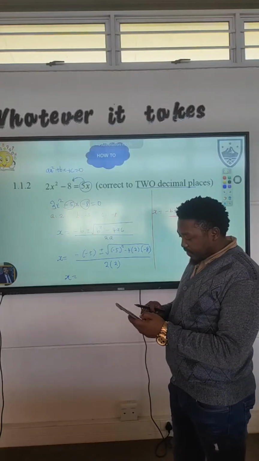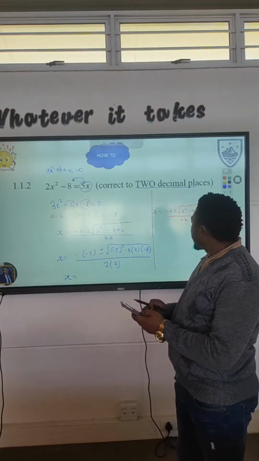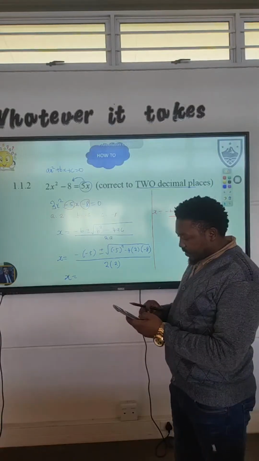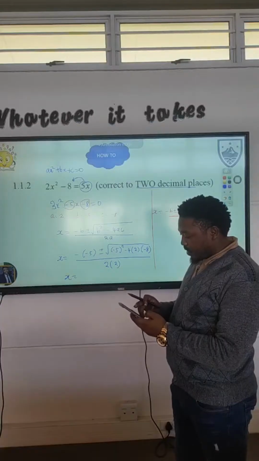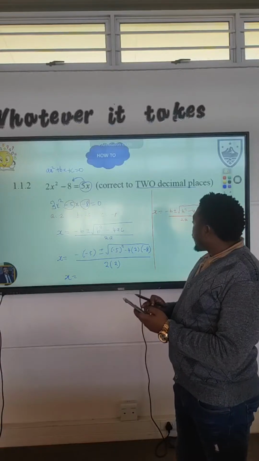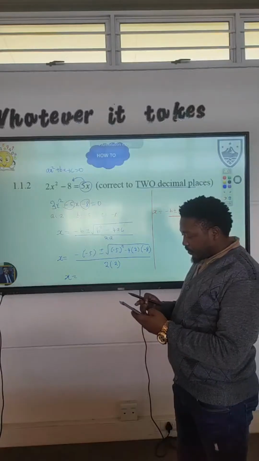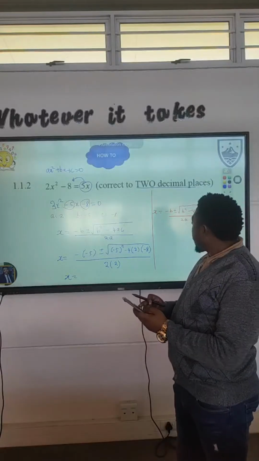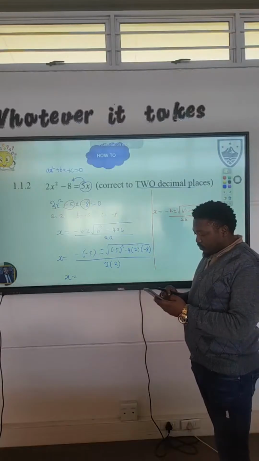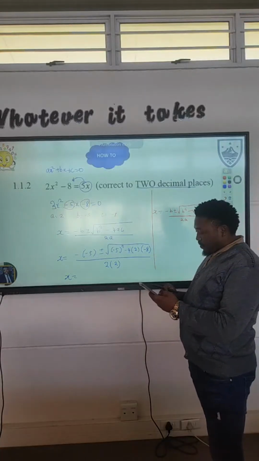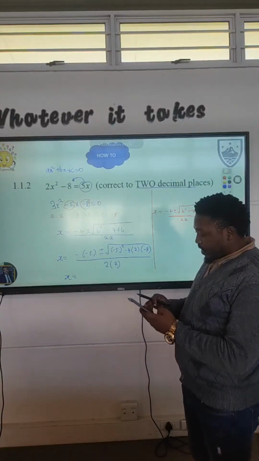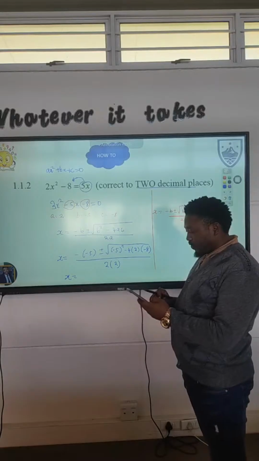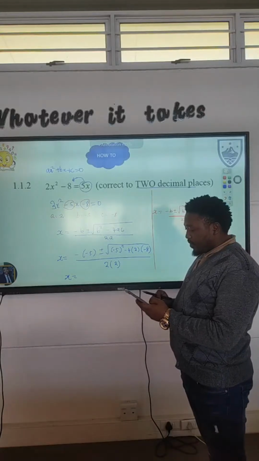Open bracket -5, close bracket, squared. Don't forget the square. Minus 4, and then a is 2, and then my c is -8. Close brackets, and then 2 times 2 should be 4, and then I press equals.